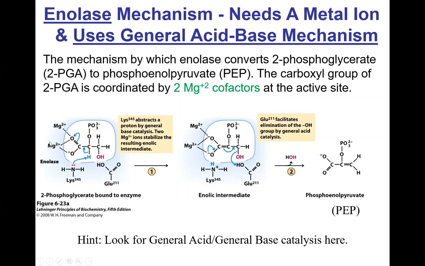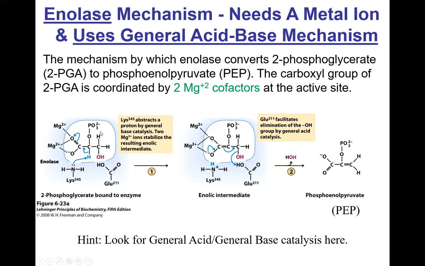Those two residues and 2 magnesiums are the 4 key molecules that are going to play roles in catalysis. For binding, there are 2 magnesiums that are binding and stabilizing the negative charge on the carboxylate. You can see they're showing you the interactions by dashed lines.